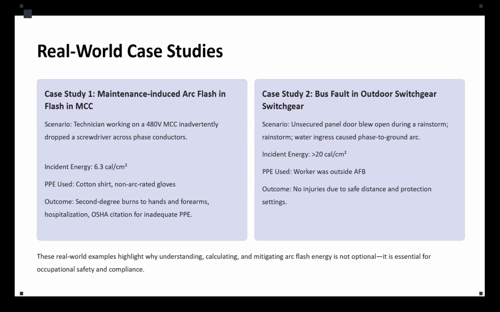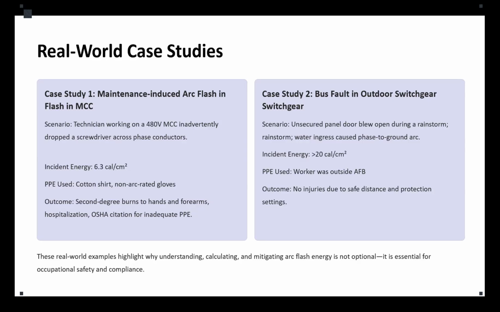Now, in that case study, the calculated incident energy was more than 20 calories per square centimeter, which is classified as category 3 to 4 based on the working distance. When that happened, the immediate outcome was that no injury happened to the technician because he was outside of the arc flash boundary.